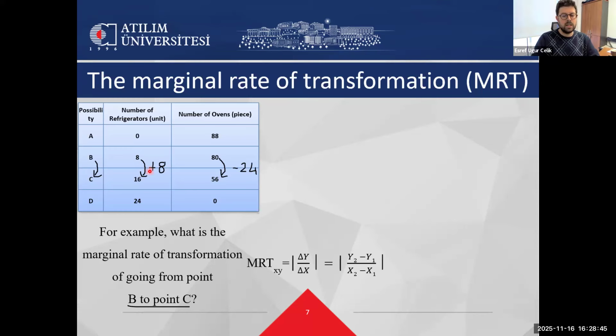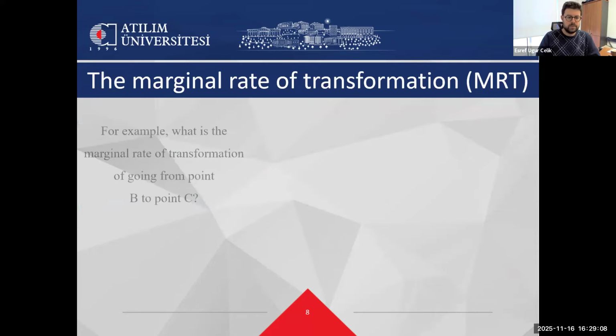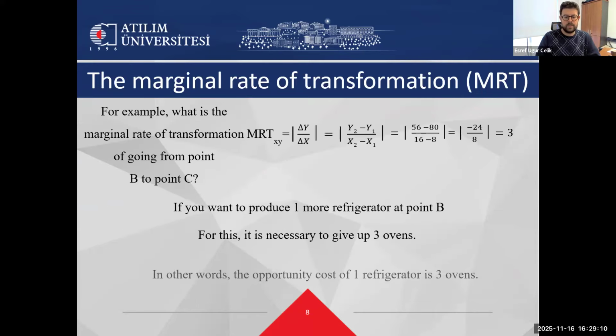So delta x is 8, delta y is minus 24. So the answer is 3. That means that for getting one more refrigerator from B to C, we have to give up 3 units of ovens.